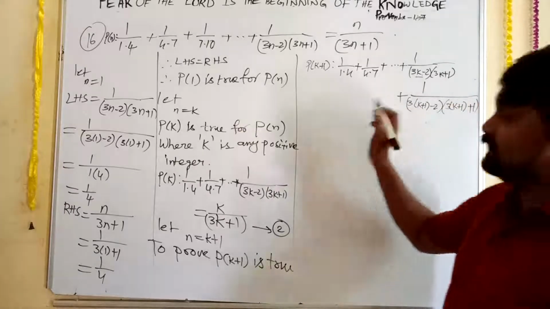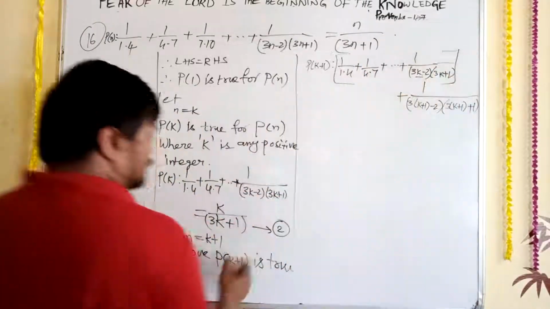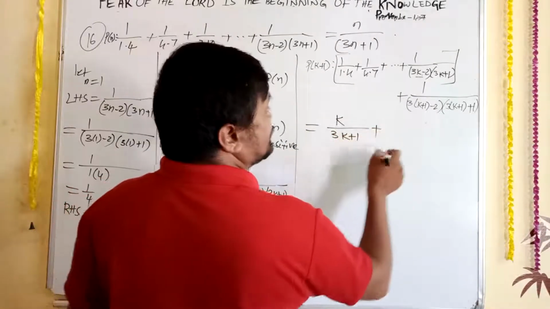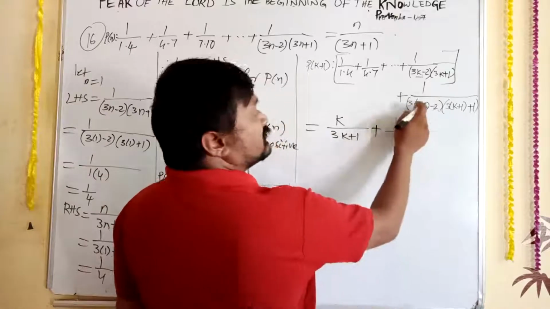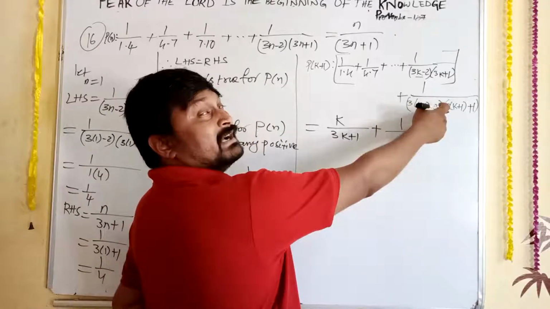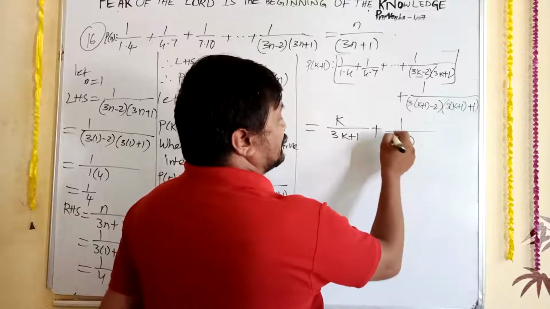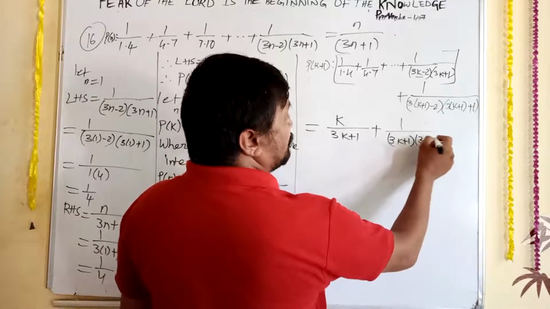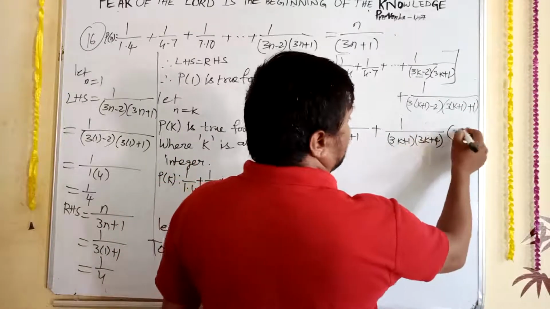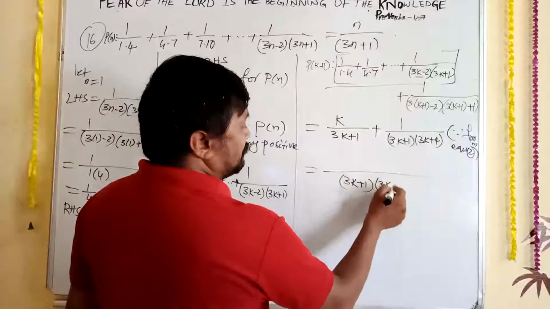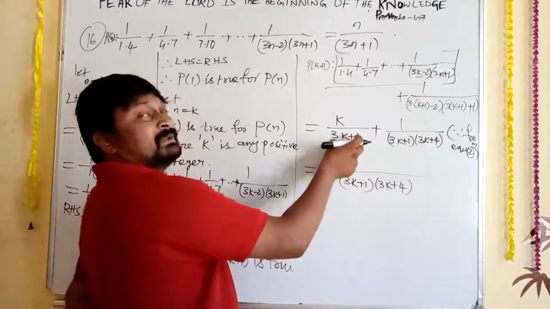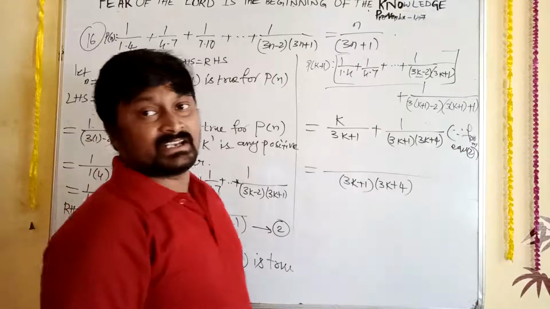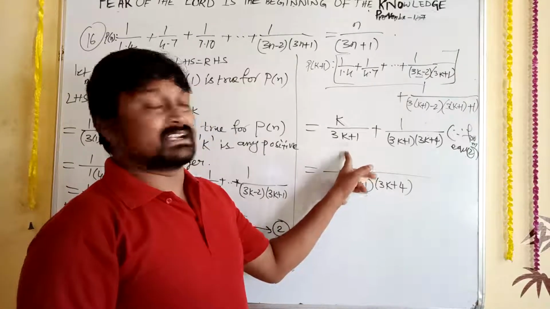So let me simplify it now. From equation number 2, you can write k upon 3k plus 1 plus the remaining part, 1 upon (3k plus 1)(3k plus 4), since 3k plus 3 minus 2 is 3k plus 1, and 3k plus 3 plus 1 is 3k plus 4.